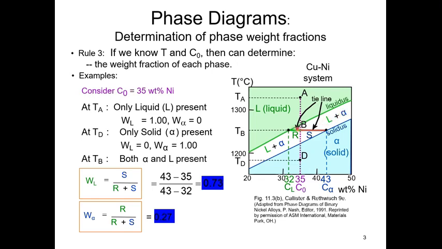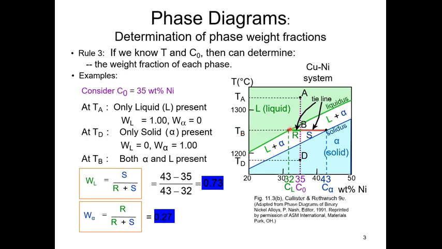So you must draw a tie line that connects the liquidus and solidus. Why? Because at this region there is liquid and solid. So you must create a tie line. The tie line must be straight, do not make it crooked. Okay, straight, passing through point B, temperature B. That means the temperature is all the same. The temperature here, here and here is all the same, which is TB.